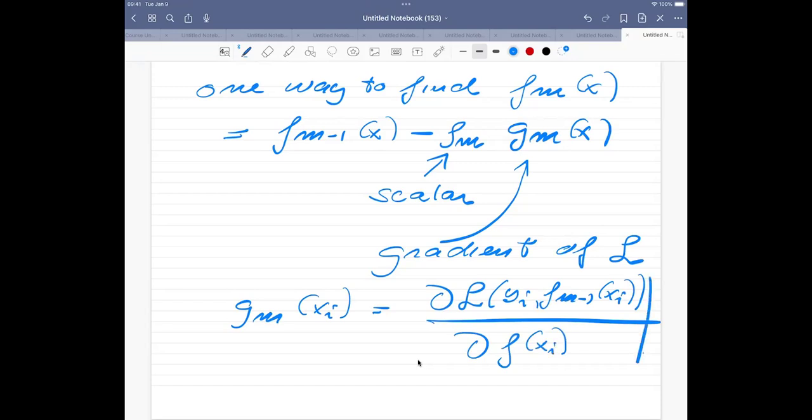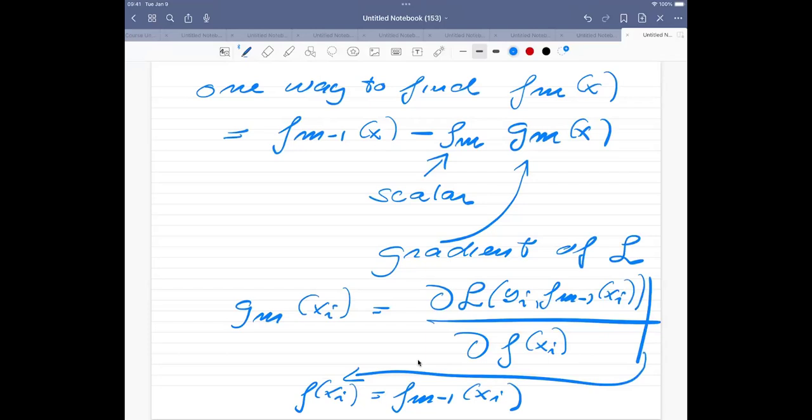This f of x of i is given by the previous value which we had. So we have an expression for the gradient. It means that we calculate this gradient with the previous function value we found. And then we optimize the function C in order to find this parameter rho of m.